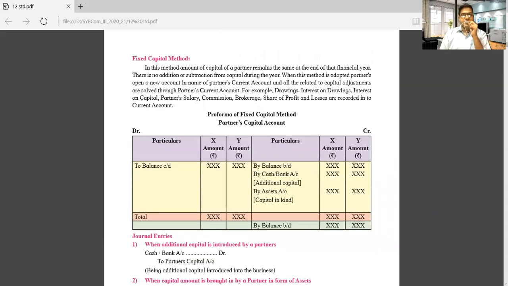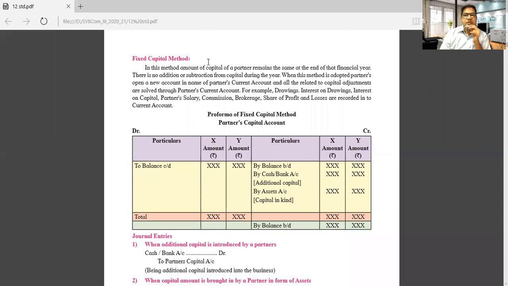Now, the fixed capital method. In this method, the amount of capital of a partner remains the same at the end of the financial year.